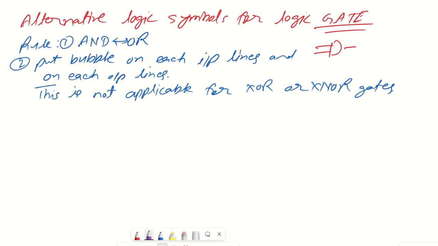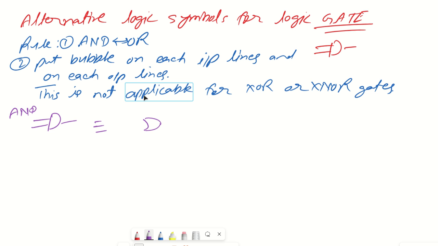So let me quickly show you. Let us say we have an AND gate. This is my AND. How can it get converted into another form? It will be equivalent to, we have to do that AND is becoming OR. So how is OR made? Like this, understood? So this is my OR. And we have to put bubbles on each of the input and output lines.